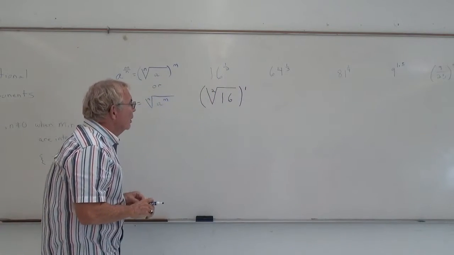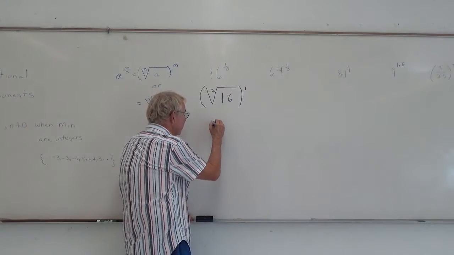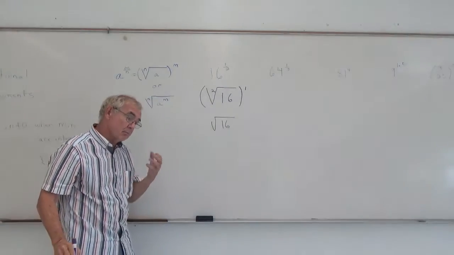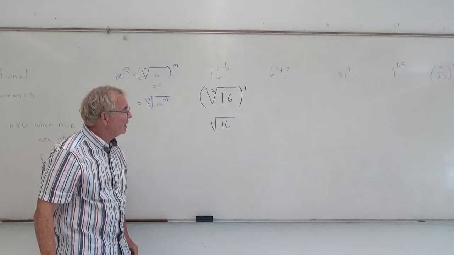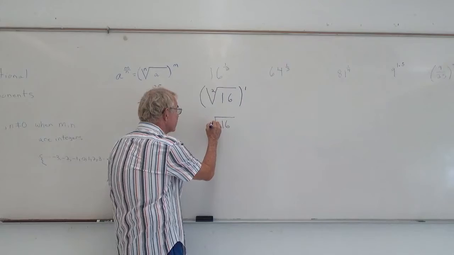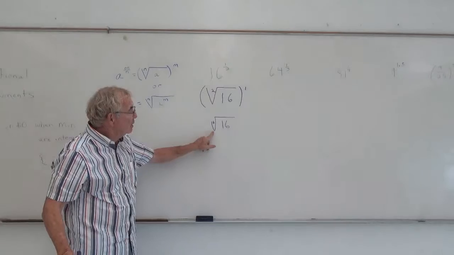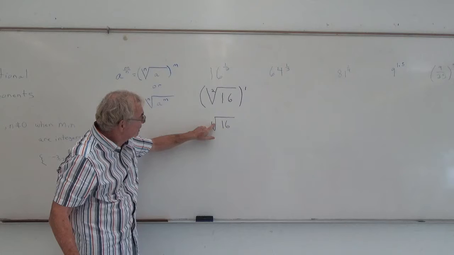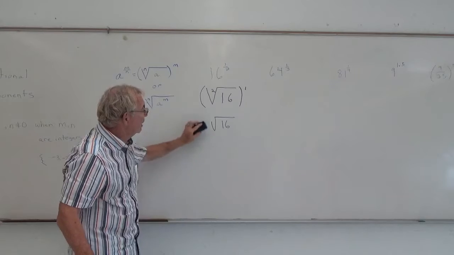Now, you've encountered this symbol before, I hope. That means the square root of 16. Since it's the square root of 16, it's understood to be a square root, but it means the same as this. So when you see that symbol, it's understood to be a 2 in there. So this is just the square root of 16. And what is the square root of 16?